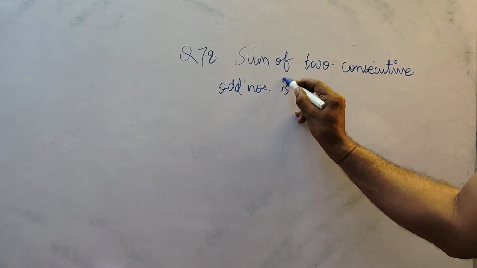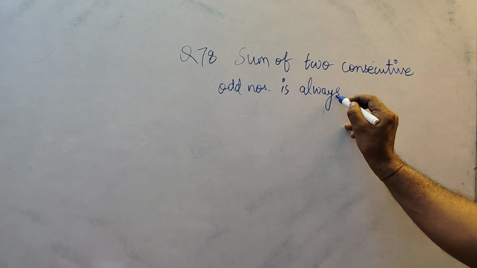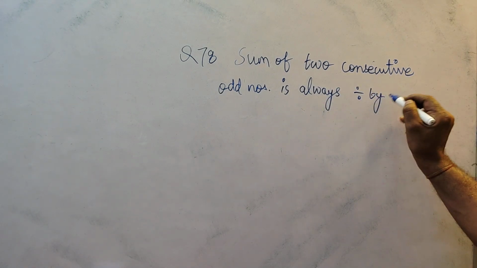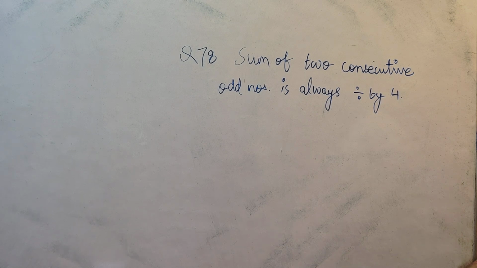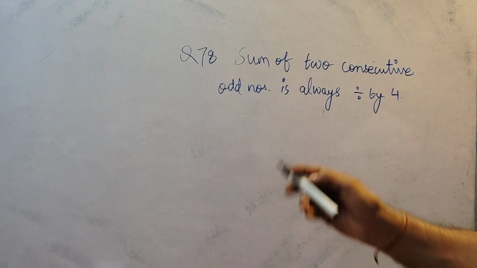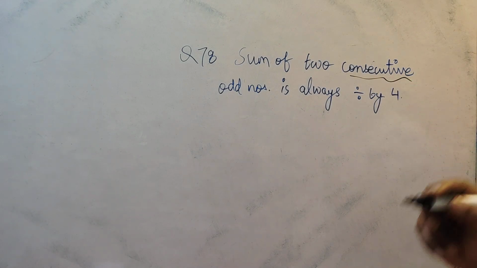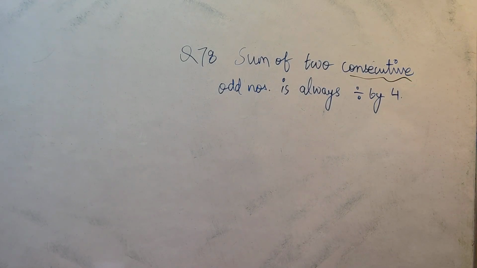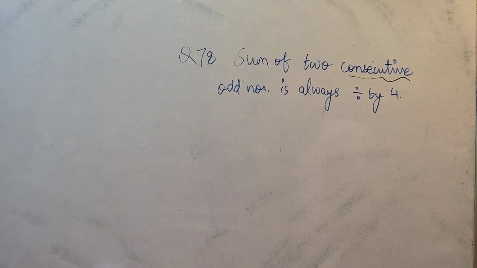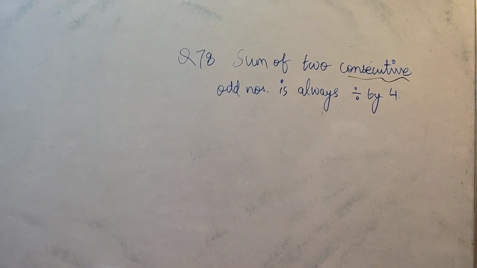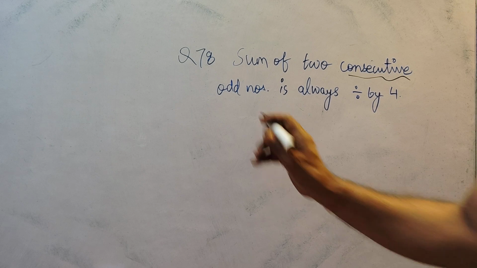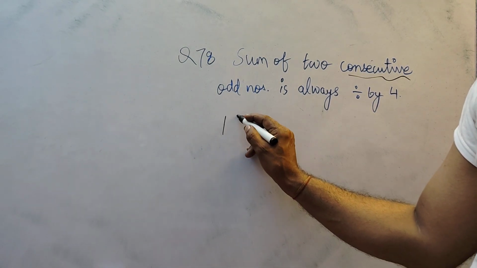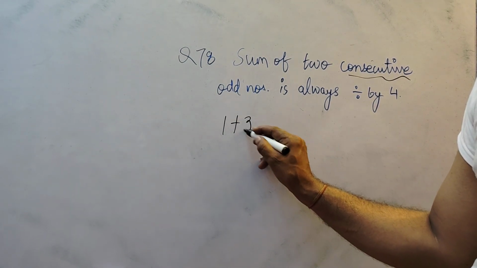Suppose the first is the odd number 1, then the next consecutive odd number is 3.